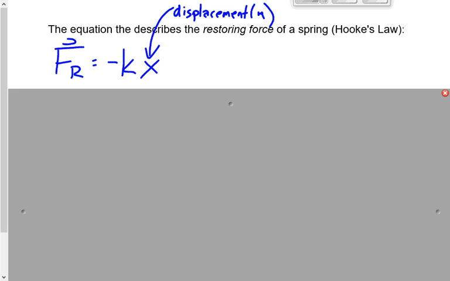We're not talking about that. We're not talking about how far the spring moved. We're talking about how far the spring was stretched or squished. So x is that displacement, the amount that it's stretched or squished. k is something that we call the spring constant. And the units for the spring constant would be newtons per meter.